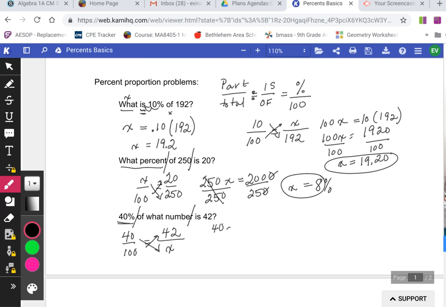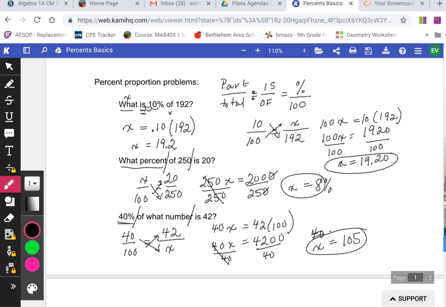We have 40x equals 42 times 100, or 40x equals 4200, and divide by 40. So this time, x equals, let's use our calculator, 4,200 divided by 40 gives you 105. So in this case, our total is 105.